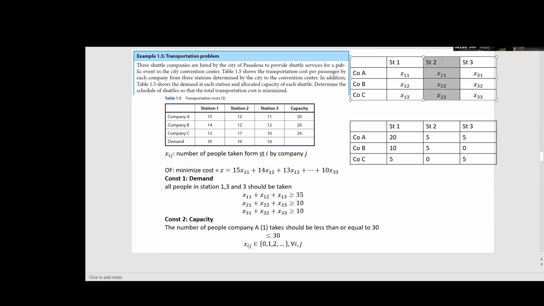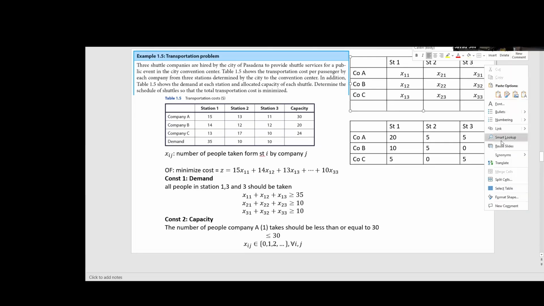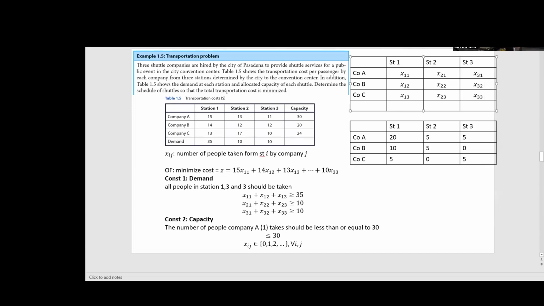So the actual capacity, basically, capacity, and here we have the demand. The demand here is the sum of these three, which should be greater than or equal to 35.